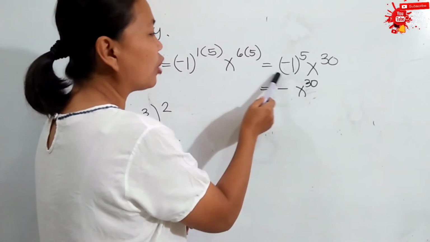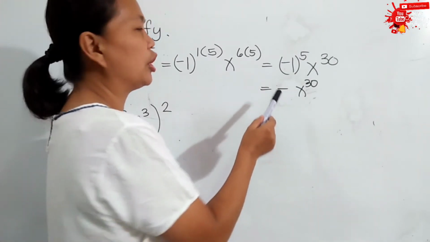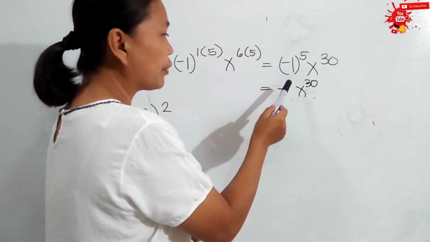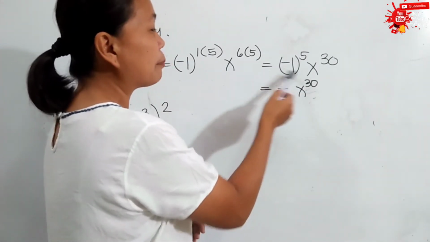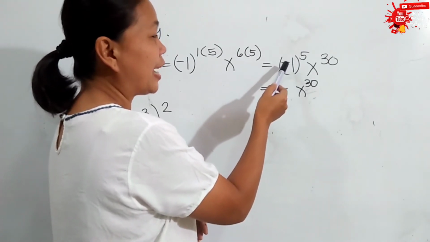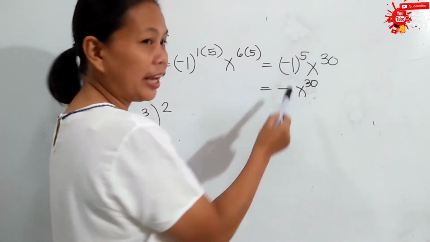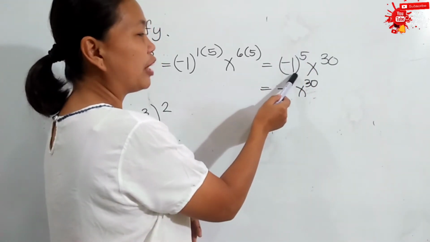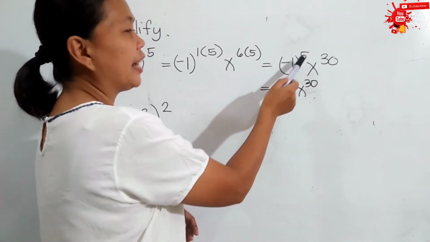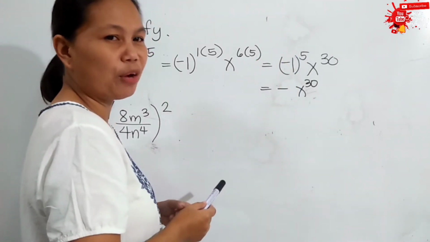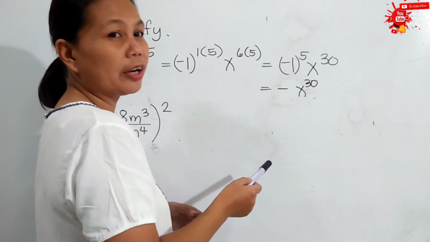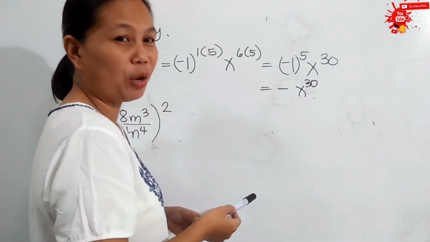Okay, I'll just give you a quick explanation for getting the simplified answer for the sign. We have here the base, which is negative, and the exponent. Take note that if the base is negative and the exponent is an odd number, the product results in a negative number.